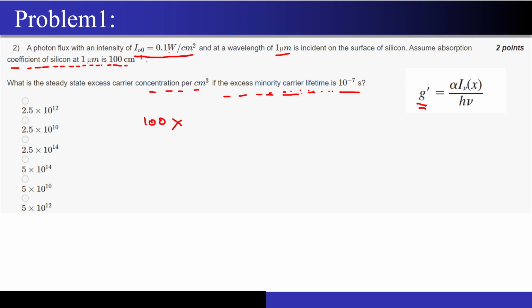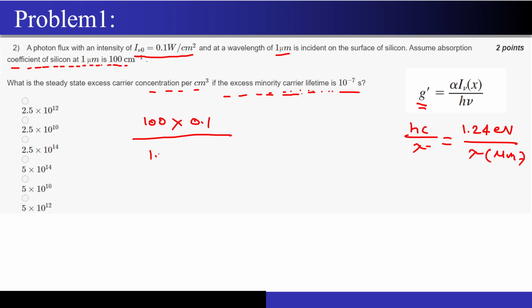So now the absorption coefficient is given as 100, into 0.1 watts per centimeter square, divided by h mu, right? This is hc by lambda, correct? So how to calculate this? Sir must have told you this is nothing but 1.24 electron volts upon lambda in micrometers.